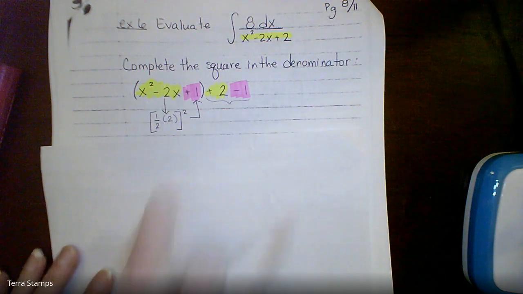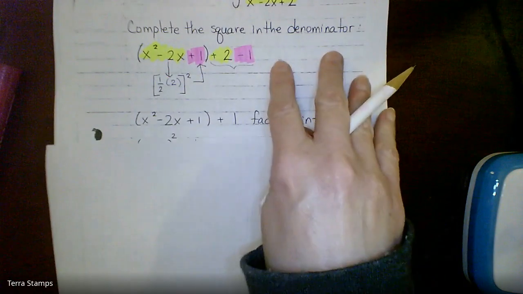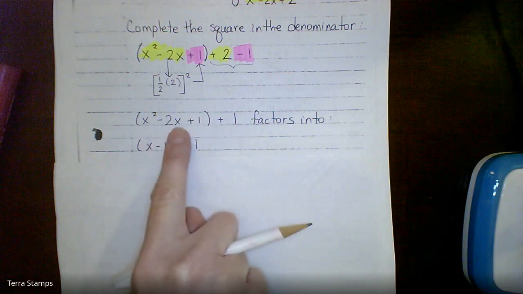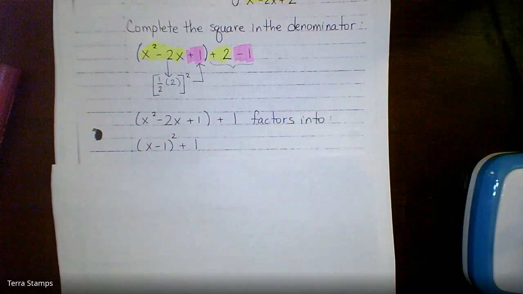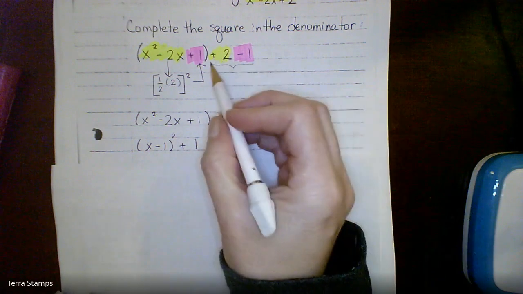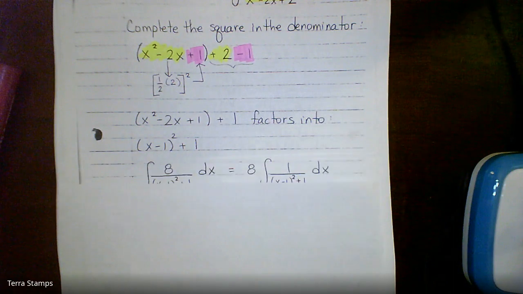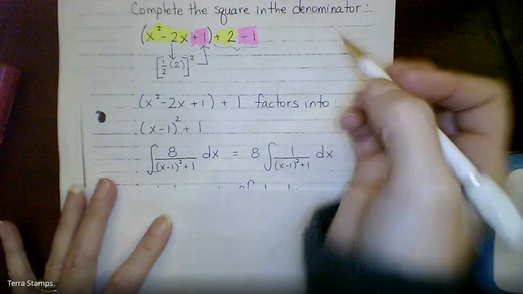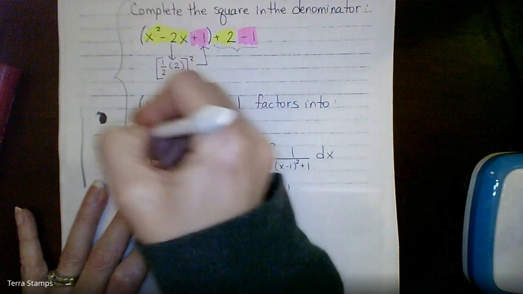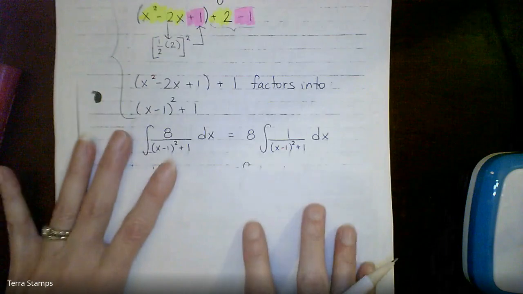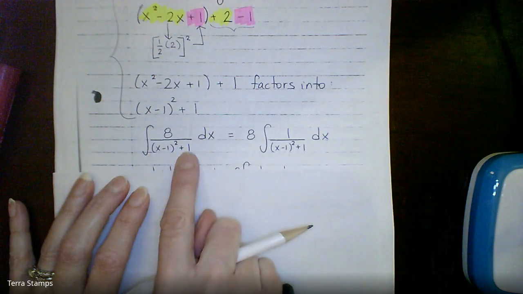Okay. Now, inside this parentheses, that will factor into x minus 1 quantity squared. This right here, this positive 2 minus 1 is a plus 1. So now all this side work that I did, going back to this yellow stuff, that is now how I'm going to write that yellow stuff.